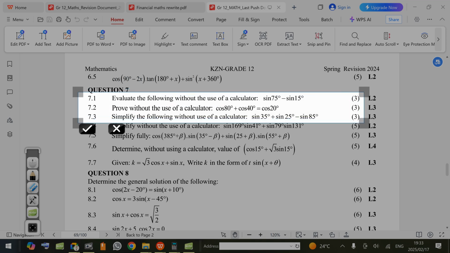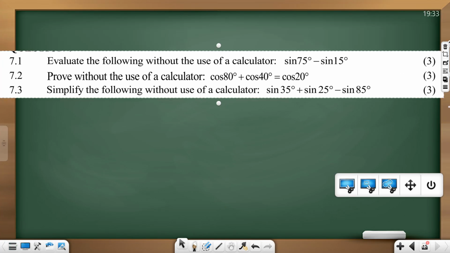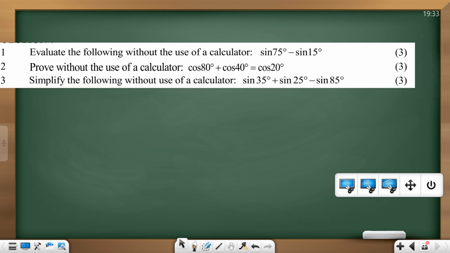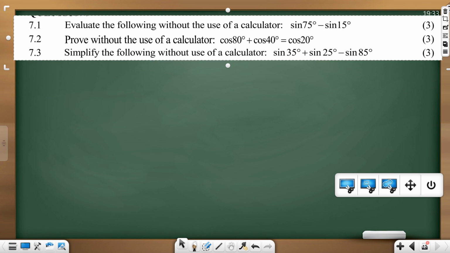Let's pick 3 marks. I hope it's visible enough. Evaluate the following without the use of a calculator. 3 marks.